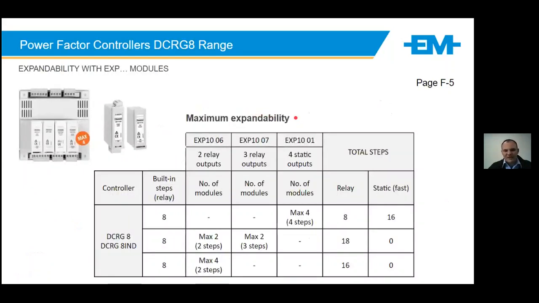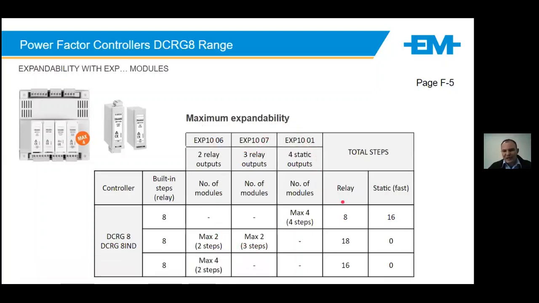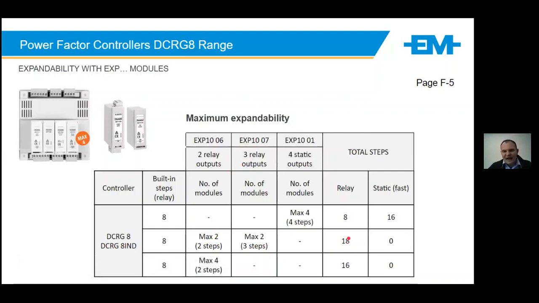So on the DCRG8, based on your expansion types between the different modules, we have the maximum total steps you could build. So on a standard contactor-based switching system, up to 18 outputs.